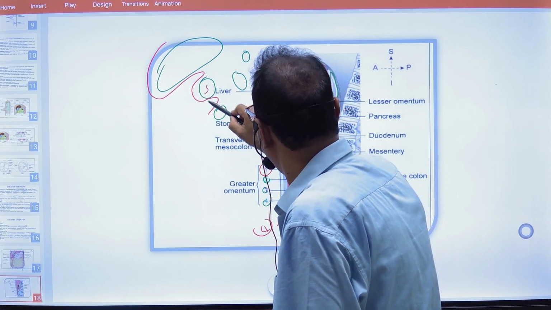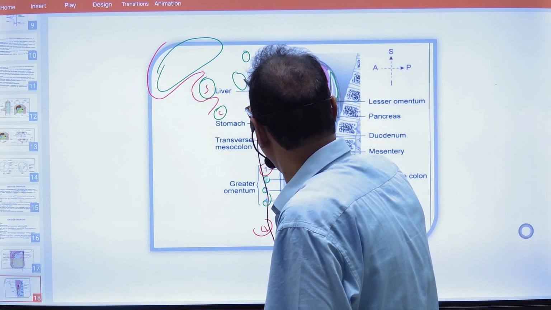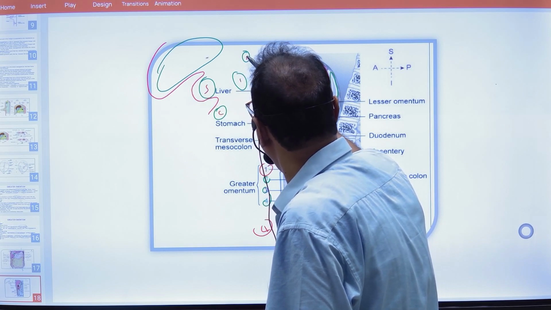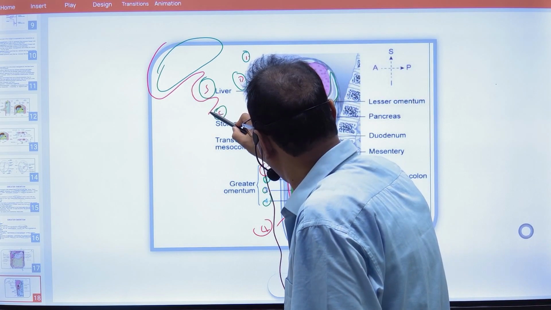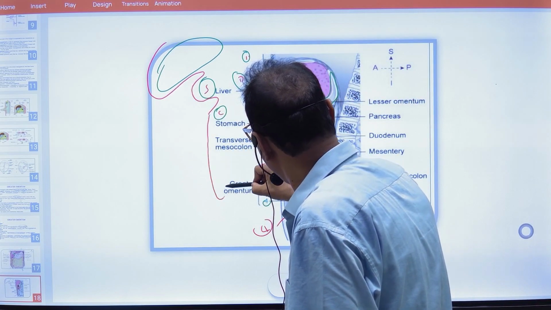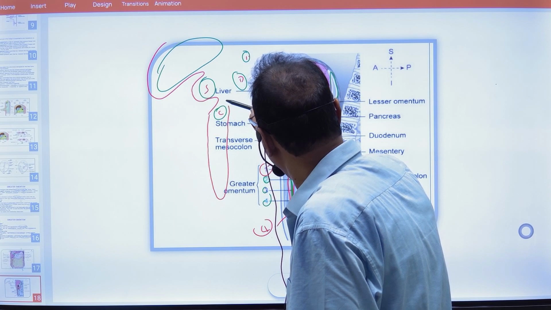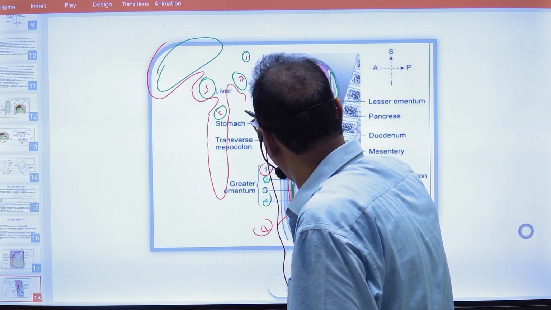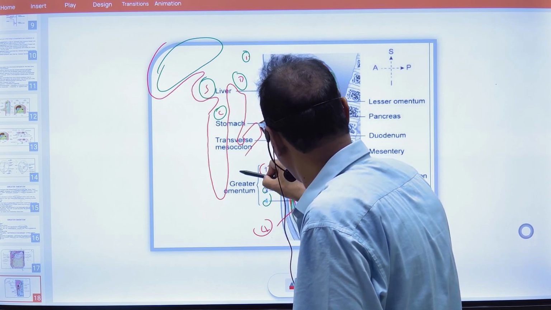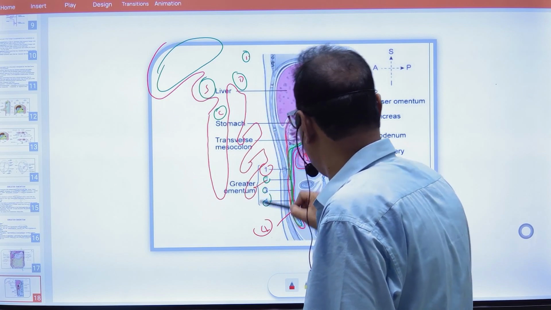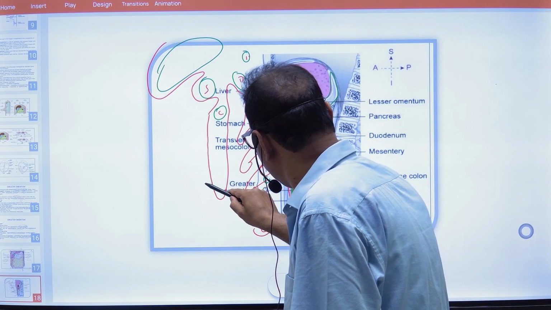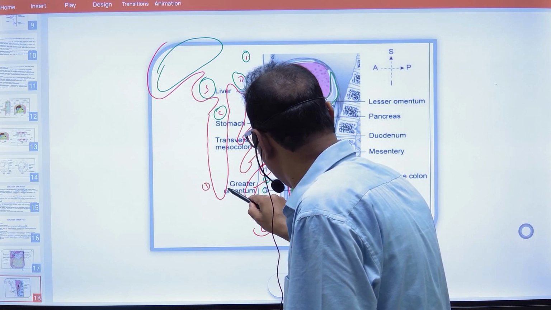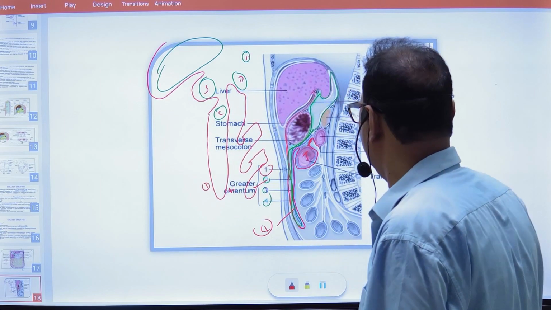This is the stomach, this is the colon, this is the duodenum, and we have the pancreas also. From this colon, it will come like this and go to the duodenum, and then finally it will come like this. So this is the first layer, and this is the fourth one.